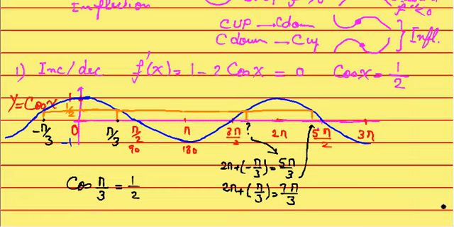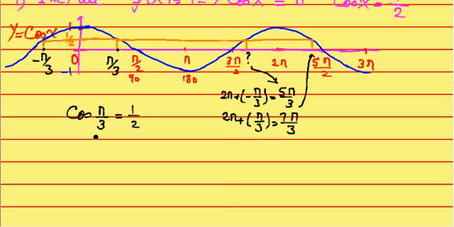So the angles that you were after: cosine of pi/3 is 1/2, cosine of 5 pi/3 is also 1/2, and cosine of 7 pi/3 is also 1/2. But perhaps if you convert all of these to degrees, it becomes more familiar to you what is going on. But again, in calculus, all angles are done in radians.